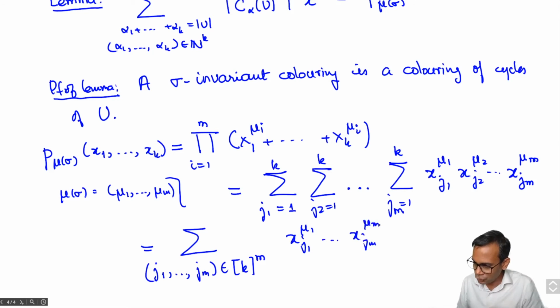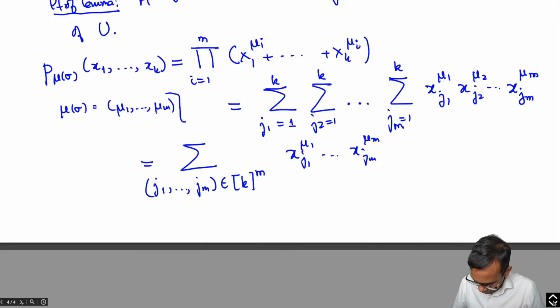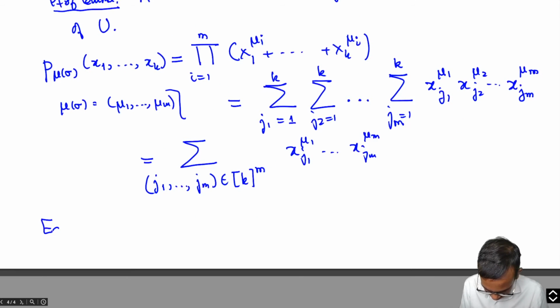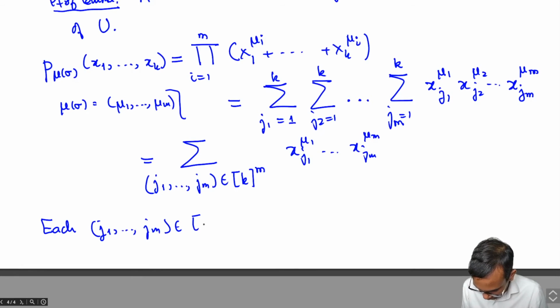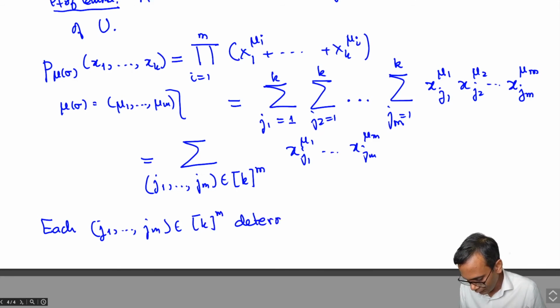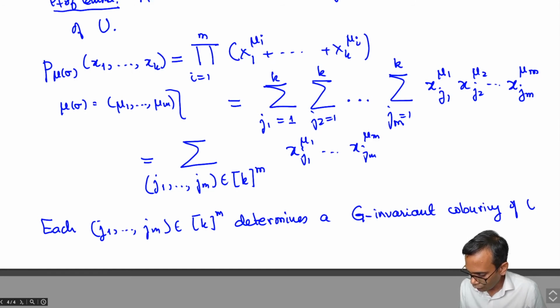Now each vector here, each j1, ..., jm, so each term in the sum determines a G invariant coloring of U as follows.